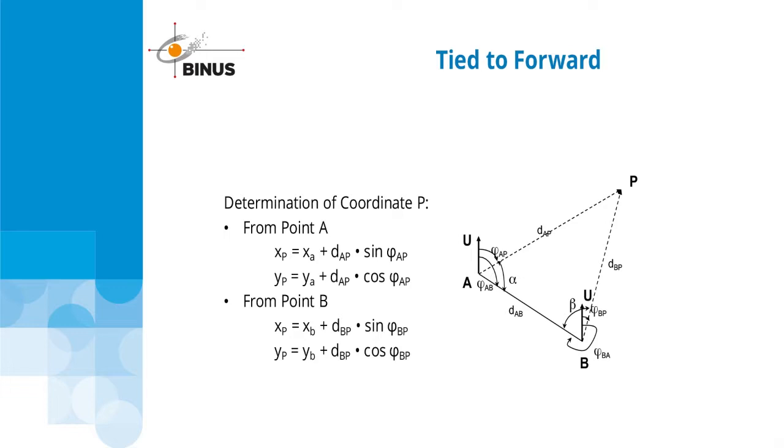Whereas if you calculate point P from point B, then xP is equal to xB plus the distance of BP multiplied by sinus azimuth BP. YP is equal to YB plus the distance of BP multiplied by cosinus azimuth BP.